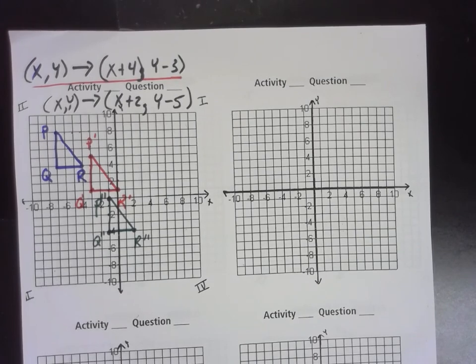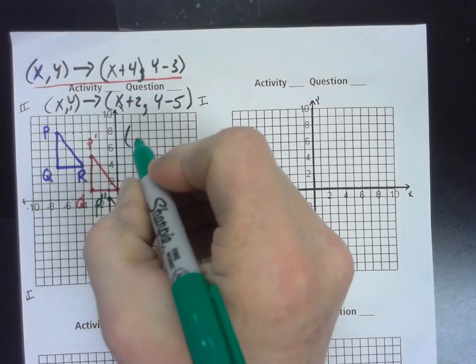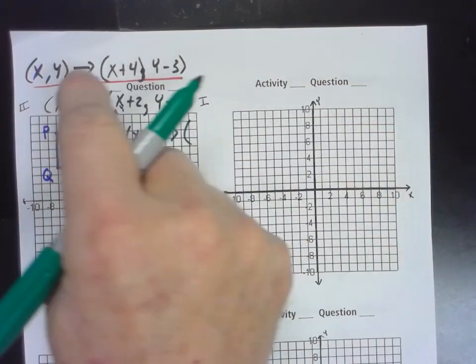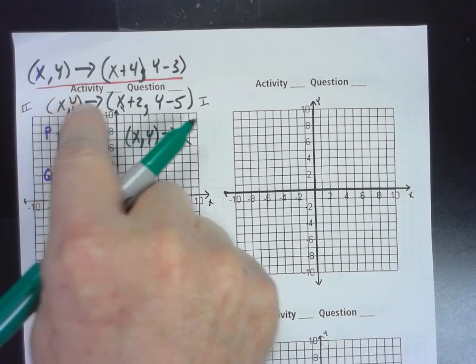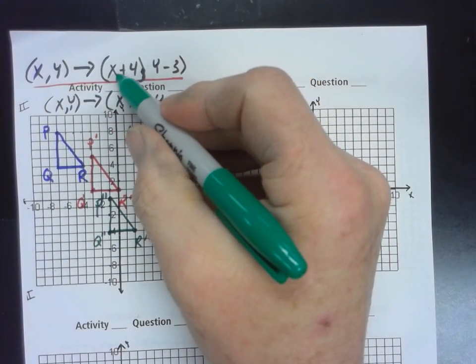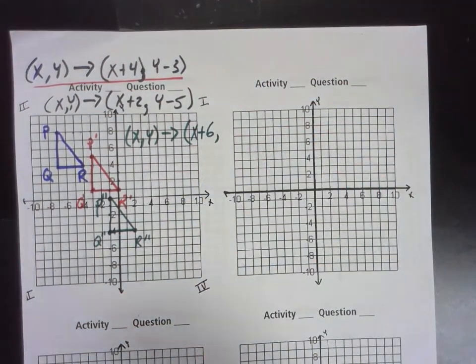I did want to point out that if we add these together, (x, y) is mapped onto, and by the way, we call these a mapping function. Does that make sense? If we add the x things, we'd get x plus 6, which is kind of an odd way of adding.